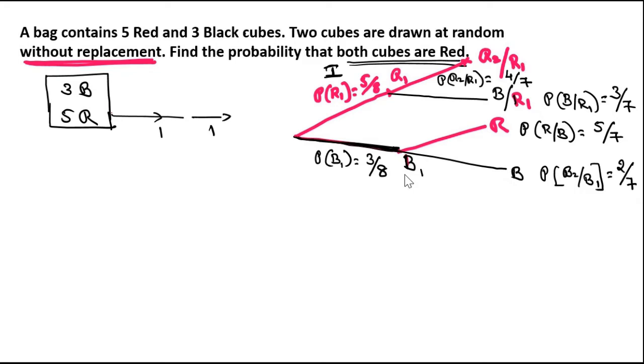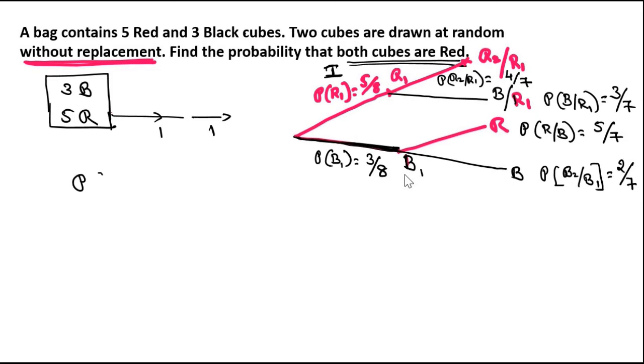Now the question is to find the probability that both cubes are red. Both red is happening where? R1 R2 is both red. Here red and black, here black and red, here black and black. So both are red.